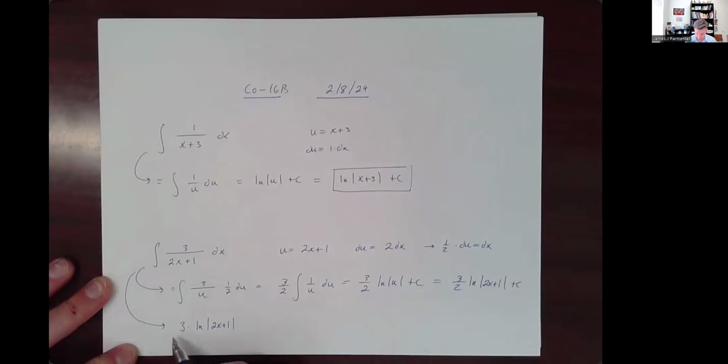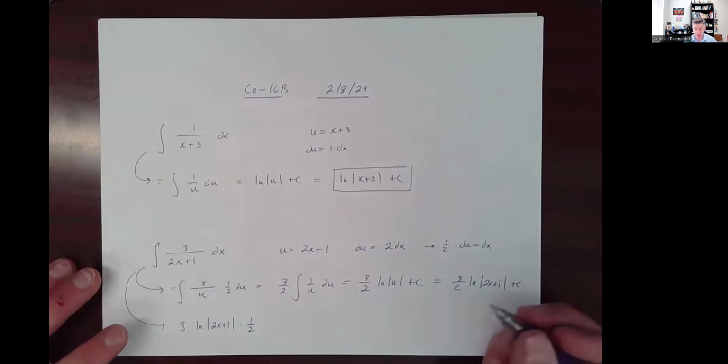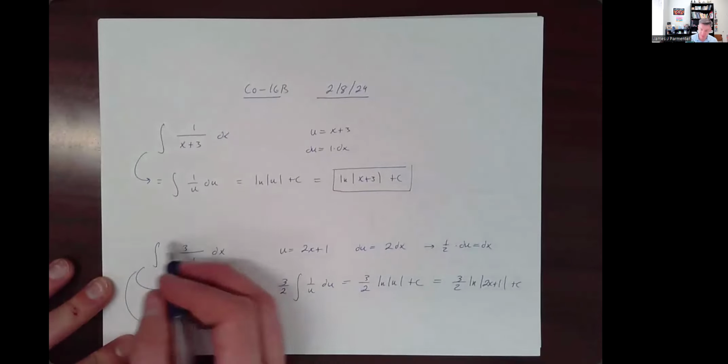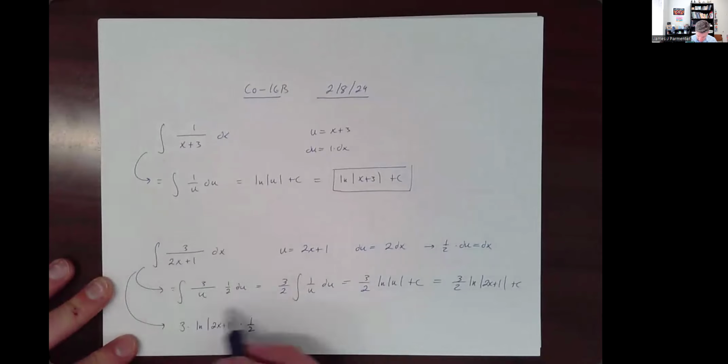But I don't have the 2 up here, so I need to multiply this by 1/2 or divide by 2, so that when we take the derivative, it ends up being the thing that we started taking the integral of. The derivative would be 3 times 1 over 2x plus 1 times 2 times 1/2, and then the 2 and the 1/2 multiply to 1.